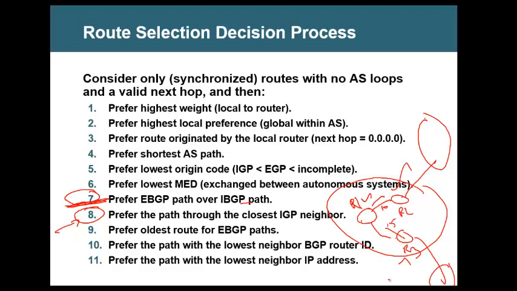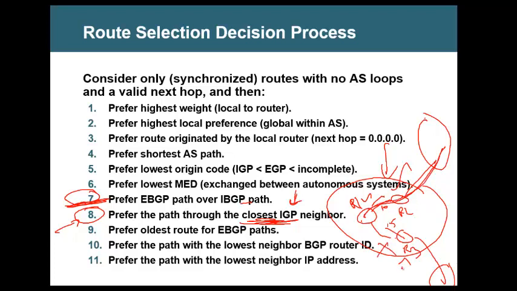So now what does R1 do? It says, let me go via R2, the closest neighbor. Is it not an IGP neighbor? IGP means what? Inside the autonomous system. He's the closest IGP neighbor. So R1 decides to go this way, eliminating this path.